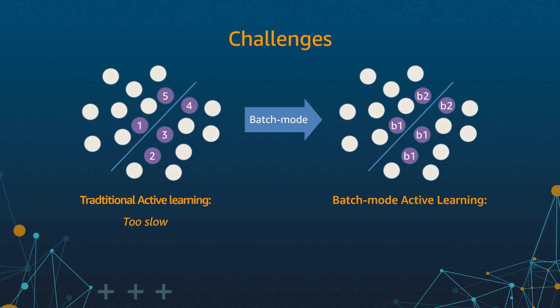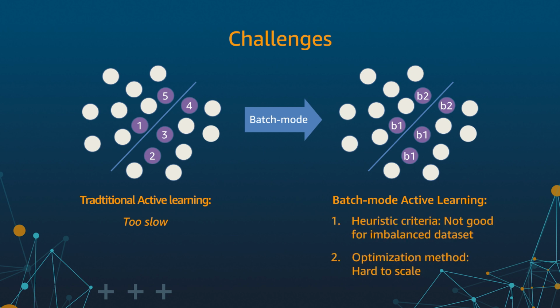However, selecting a group of samples to improve the classifier's performance the most is a challenging problem, since there are many combinations. For that, the existing batch mode active learning techniques use either heuristic criteria or the full optimization method.